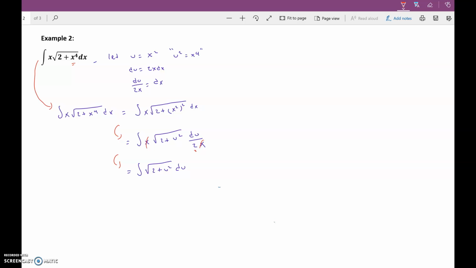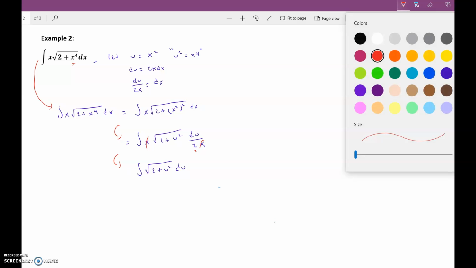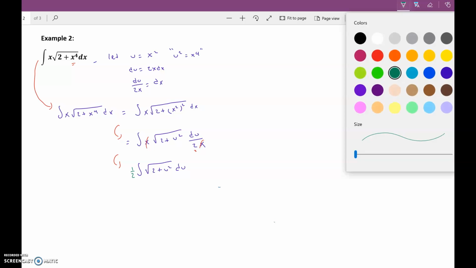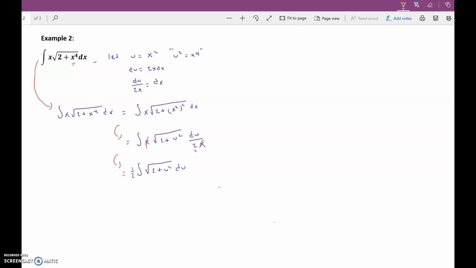So let me just rewrite it, and let me change the color because I'll forget. That's the problem that we're going to attempt, to see if the formula would even work.